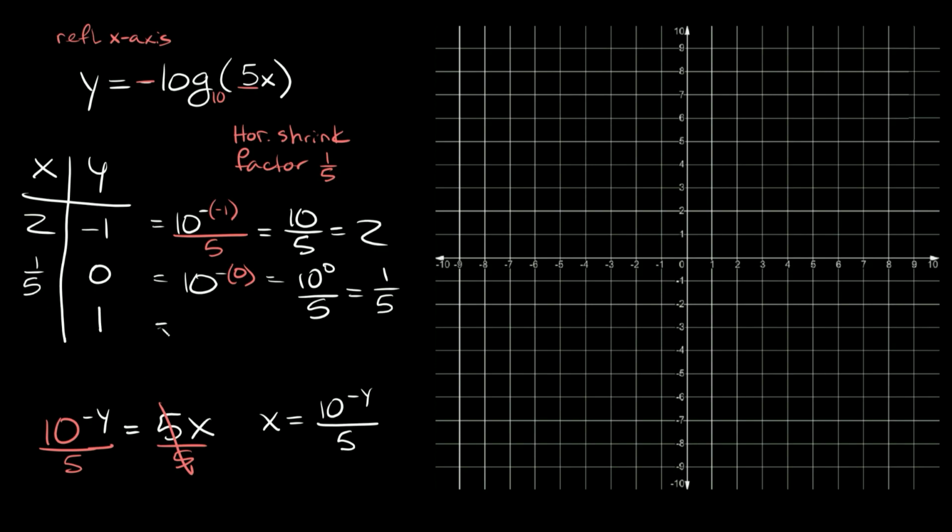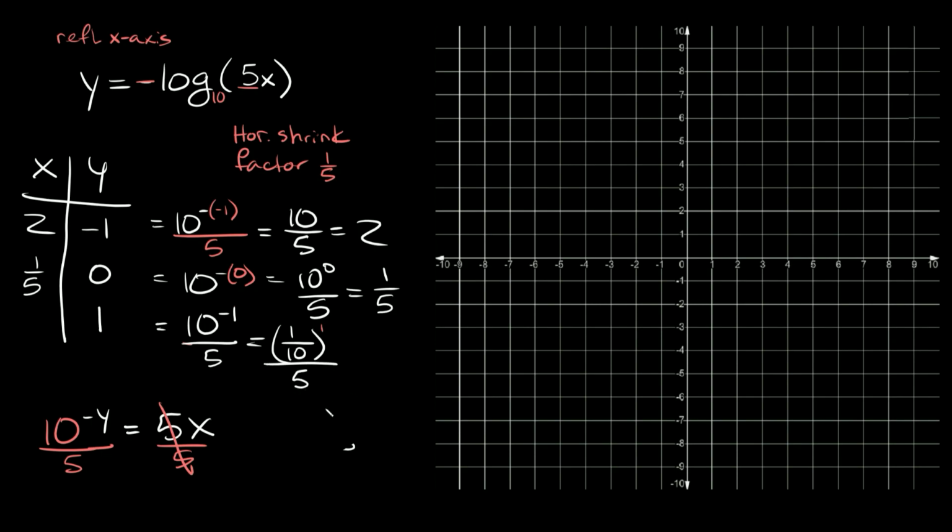All right, and then lastly, let's plug in a 1. So we'll get 10 raised to the -1 over 5. 10 raised to the negative first power is the same thing as taking the reciprocal and turning the exponent positive. So 10 raised to the -1 is the same thing as 1 over 10 raised to the positive first power, and then we're still dividing by 5.